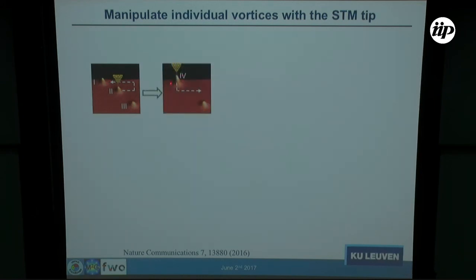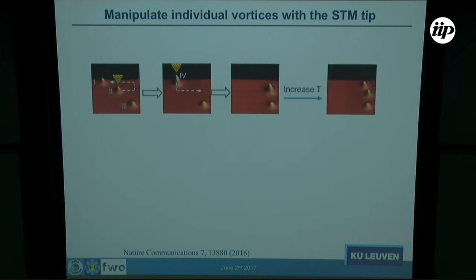Then we form something like a vortex dimer or a giant vortex. We are also able to drag this giant vortex along this dashed line to new positions as one object. What's more interesting is that we can also separate these two vortices just by increasing the temperature, since the repulsive interactions will overcome the pinning and separate them.